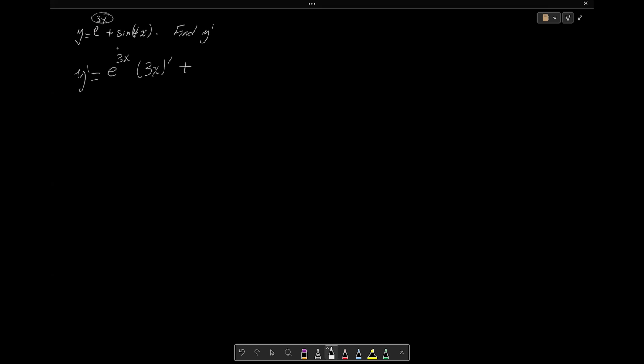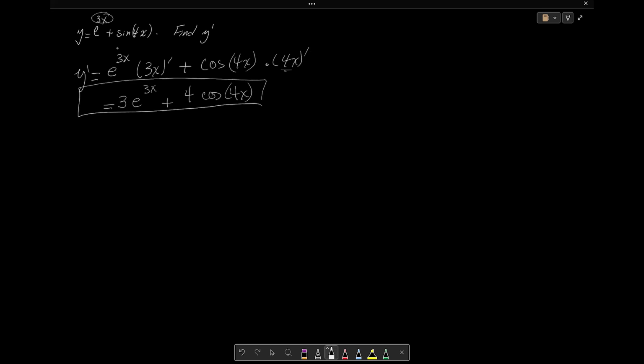Plus sine of something, the derivative is the cosine of something, times the derivative of that something. See? That's the chain rule. The derivative of 3x is just 3, and here's e to the 3x, plus the derivative of 4x is 4 cosine 4x. Answer.